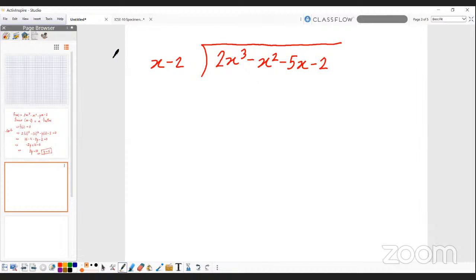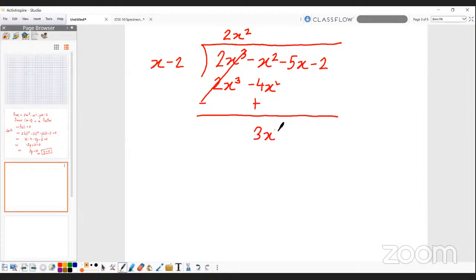So let me also start this. First thing, you will multiply here with 2x square. So that will give you 2x cube minus 4x square. So the 2x cube gets cancelled. Minus x square plus 4x square, that will be 3x square minus 5x.